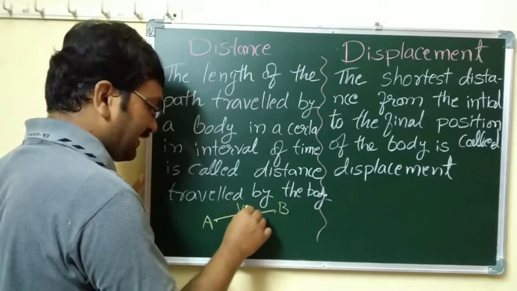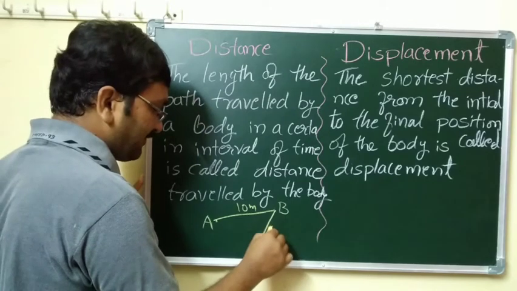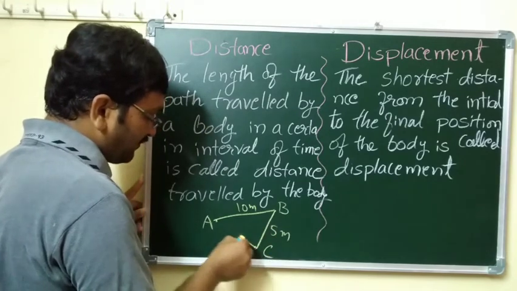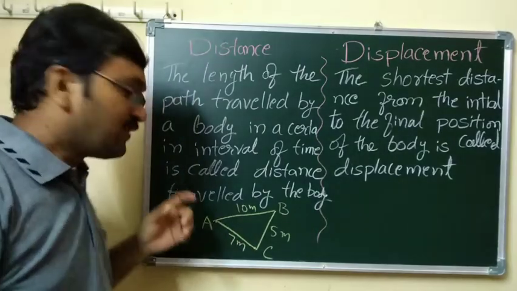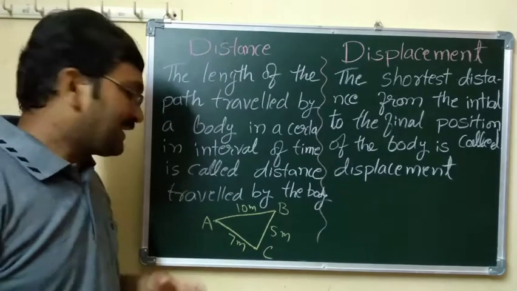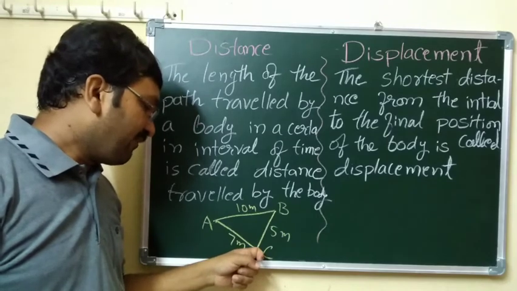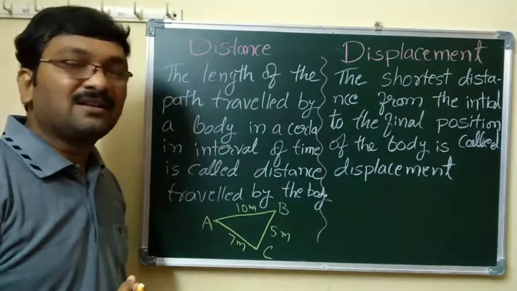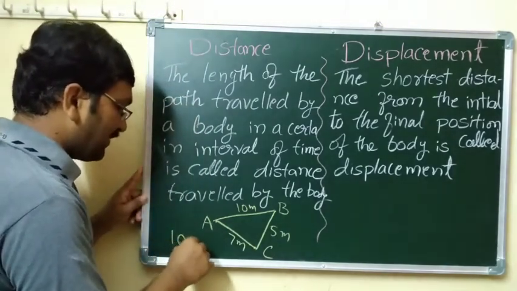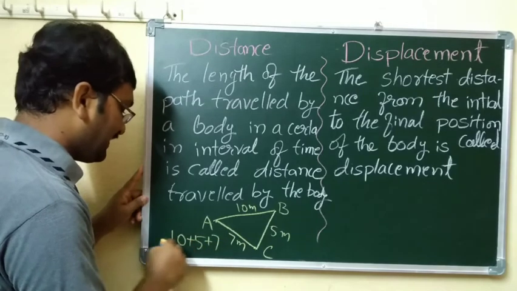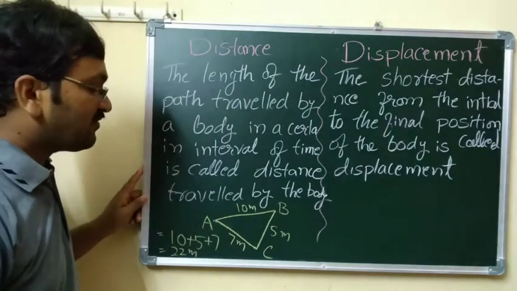He traveled 10 meters from A to B, 5 meters from B to C, and 7 meters from C to A. One person started from A and moved to B. From B he came to C. Once again from C he reached A. Now the distance he traveled is 10 plus 5 plus 7, that is 15 plus 7, which is 22 meters.